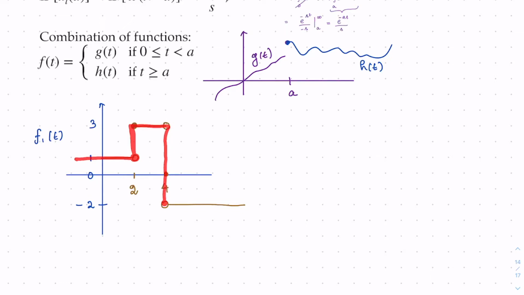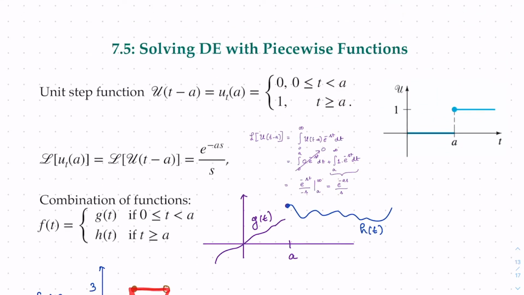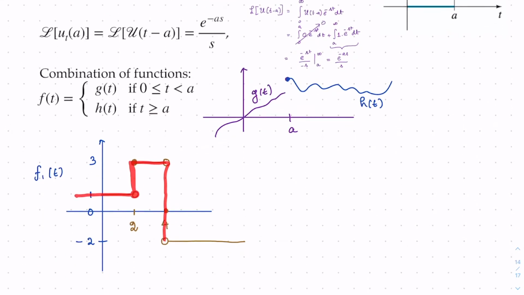So we are going to use the unit step function to represent this mechanism. What I'm going to write this function as is the following. The function f1 of t is equal to 1. It starts at 1, then it moves up by 2 units.